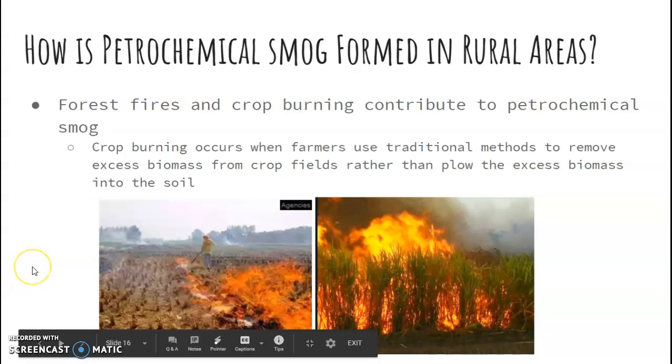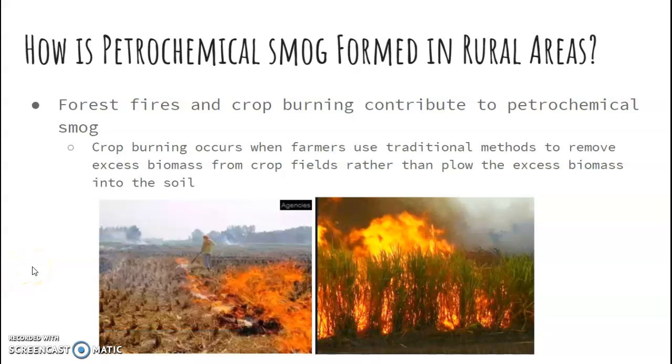Now, in rural areas, you also have pollution. It's not usually as evident, but forest fires and crop burning contribute to smog. And when it's blown over urban areas, it creates even more problems for those areas as far as pollution goes.